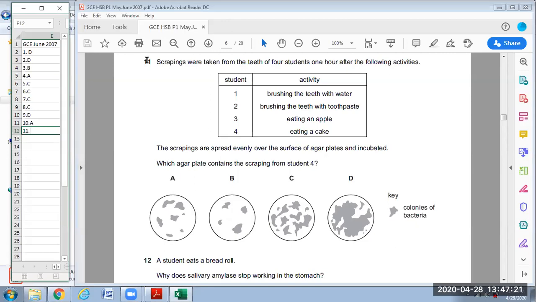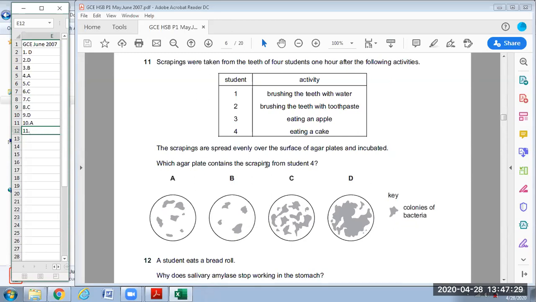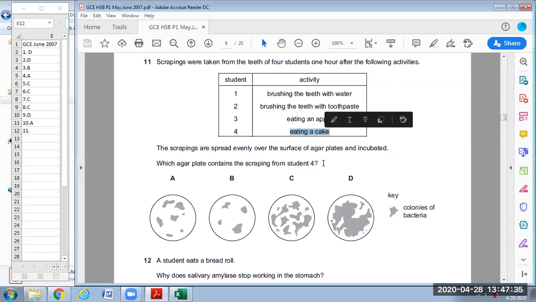That's okay. All right, so scrapings were taken from the teeth of 4 students. Which agar plate contains the scrapings from student 4? Okay, so let's see. Student 4, they say they ate a cake. So what do you all think? Would it have bacteria?